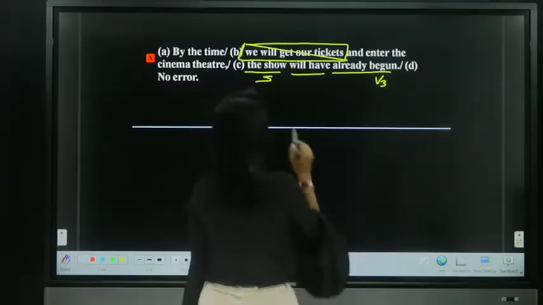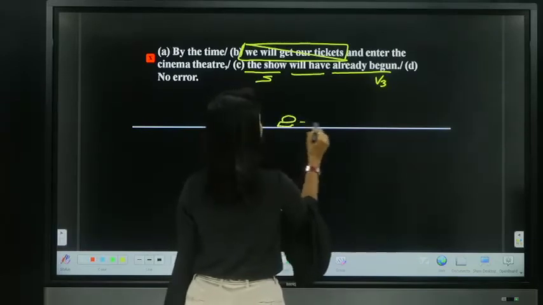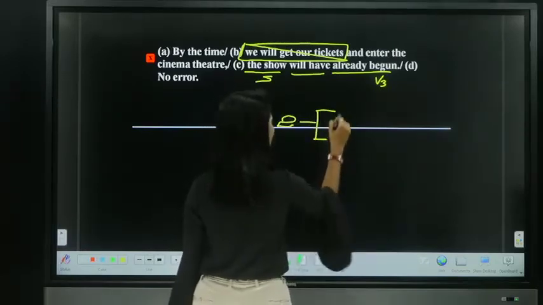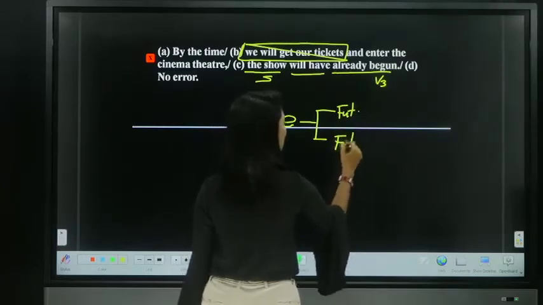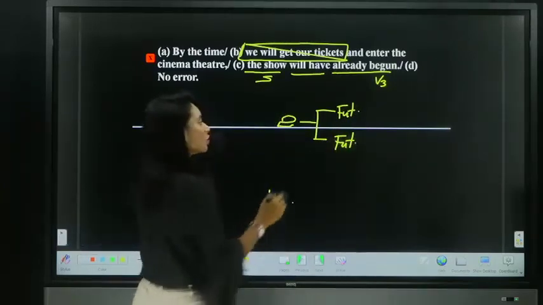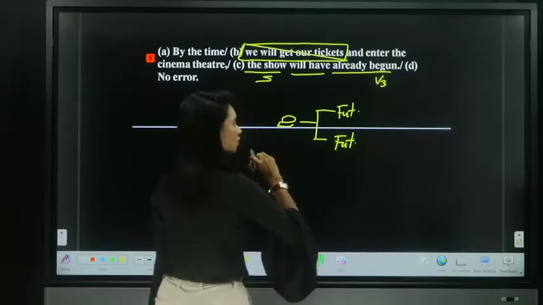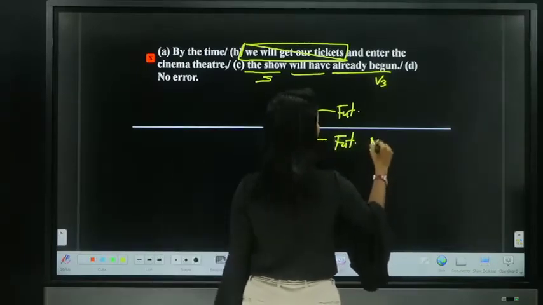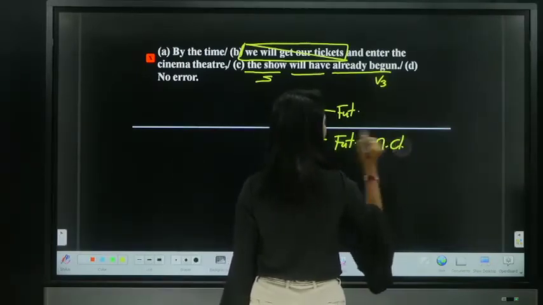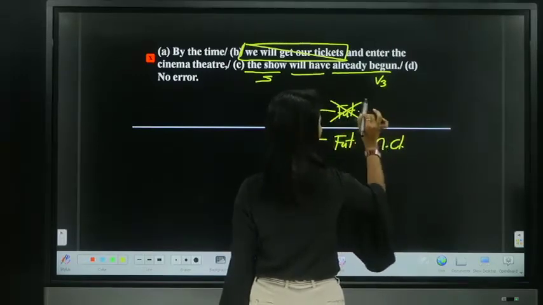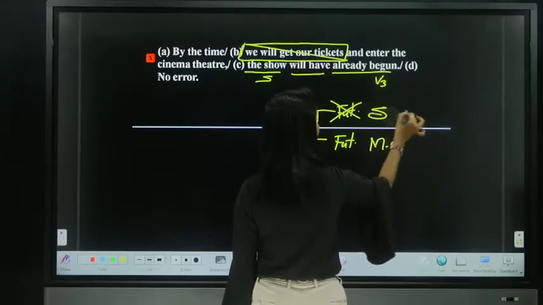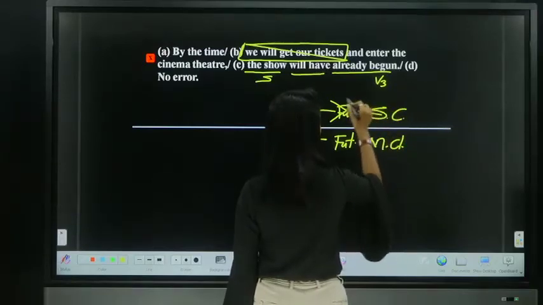Can you write two actions in future? Both actions, can you put in future? No, right? You cannot put both actions in future. Though both actions take place in future, only the main clause should be in future, whereas the subordinate clause must be in present tense.